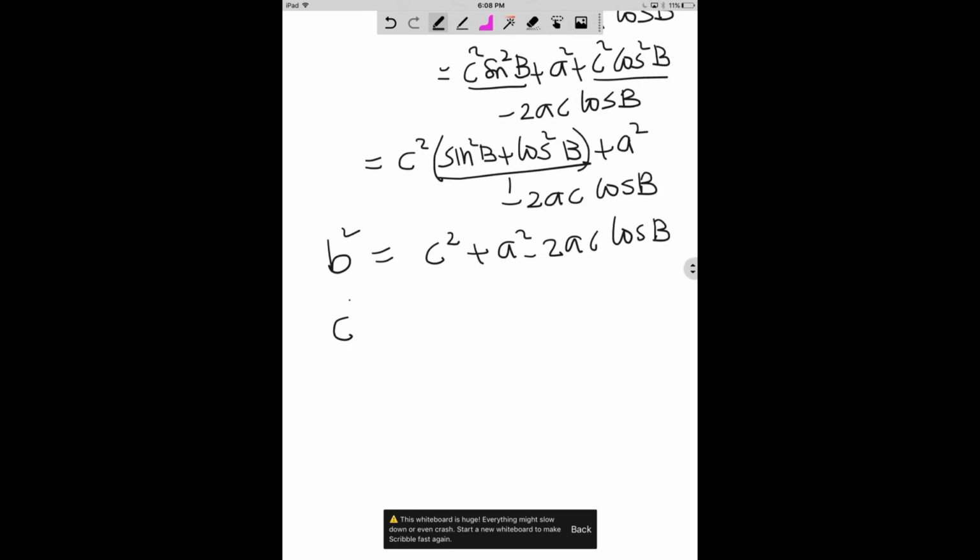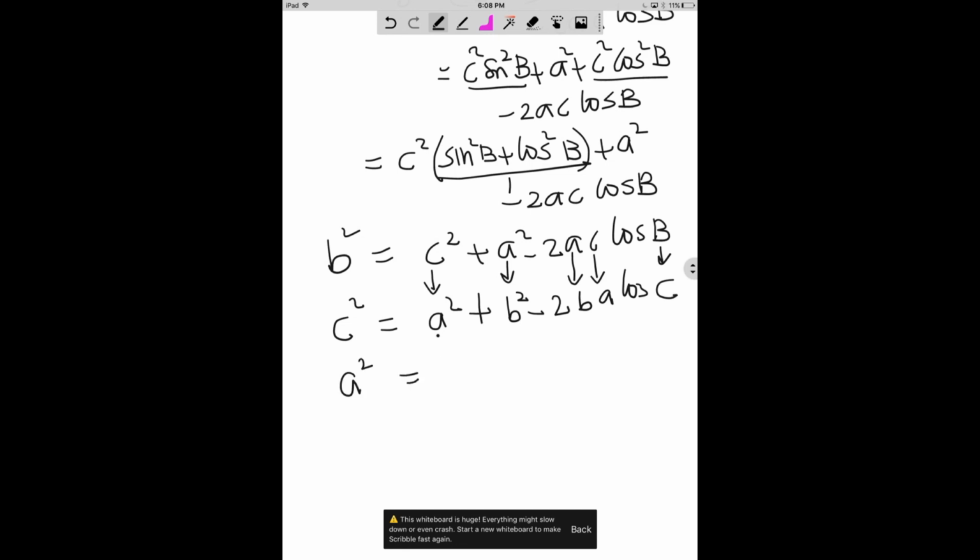Then similarly, c square is equal to a square plus b square minus 2ab cos C. So that is the third formula.